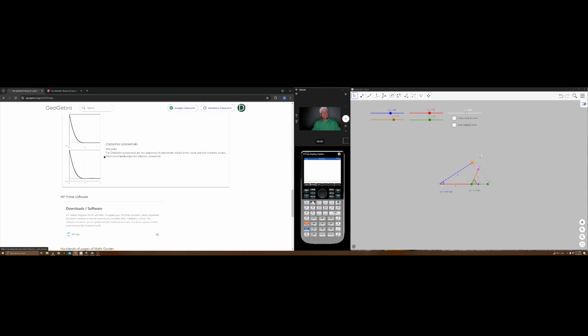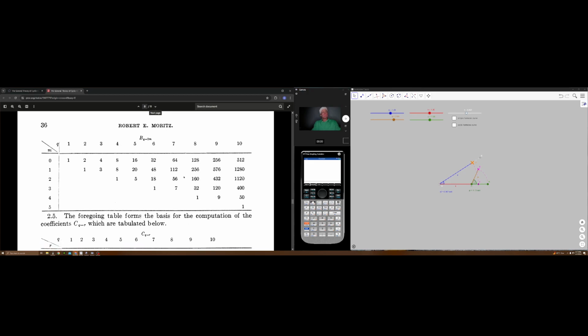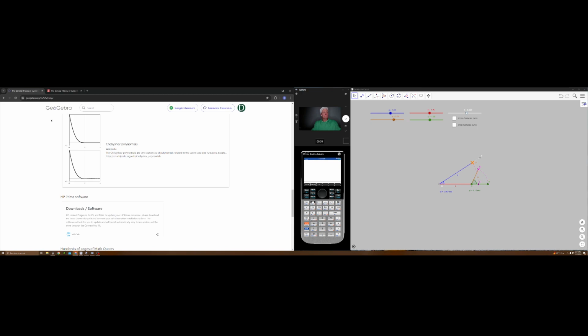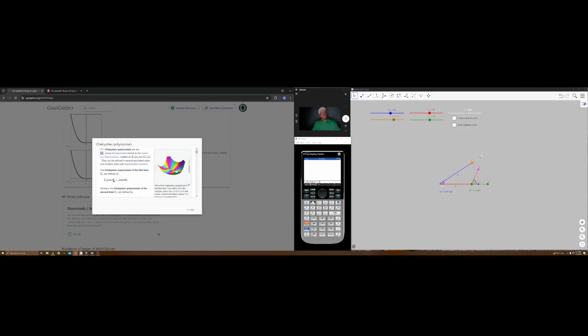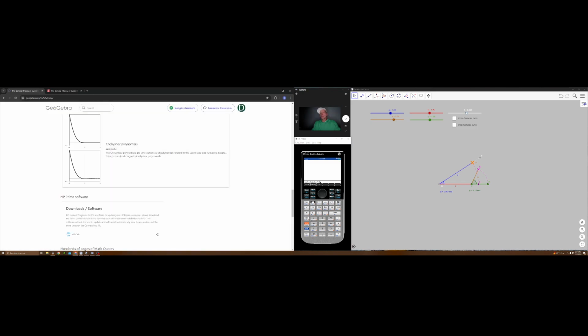Well, how does that relate to this? Here's HP Prime software or any CAS software. Take the absolute values of the coefficients of the Chebyshev T. Here I'll use 9.